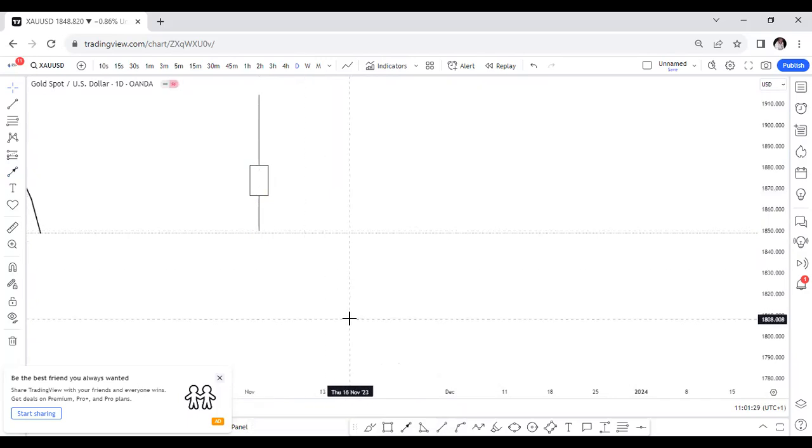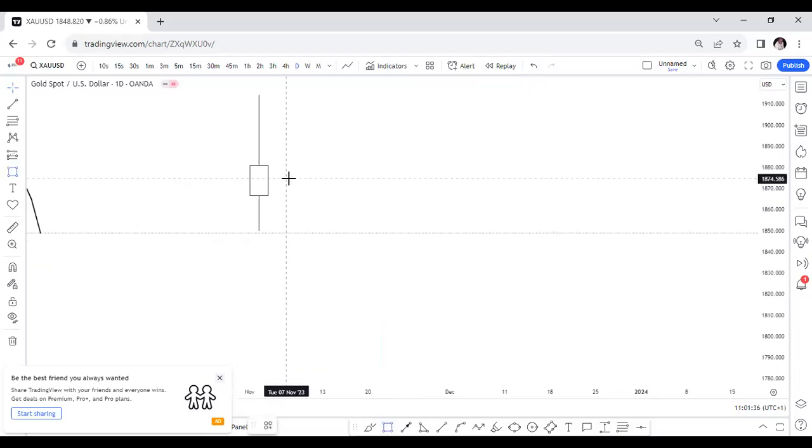I'm teaching you now how to mark an engulfing zone. So you have the bearish candlestick that comes down with it.